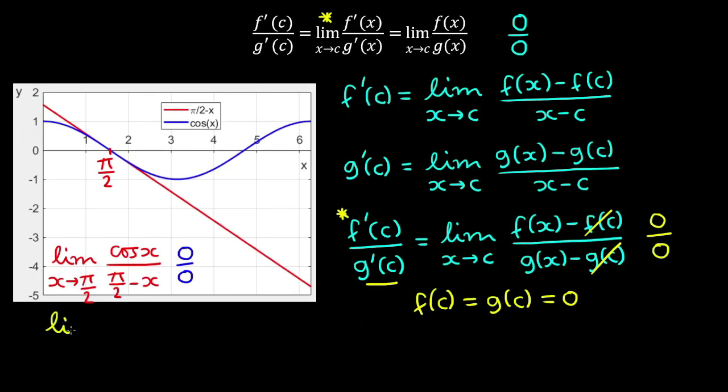So if we take the limit of the ratio of the derivatives, we can see that this evaluates to 1. So we can observe that the derivatives, or the slopes of the tangent to the curve of both functions, become the same as x approaches pi on 2. And this is true from both sides.